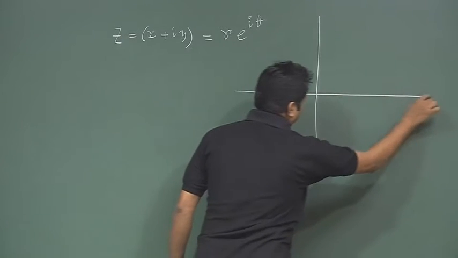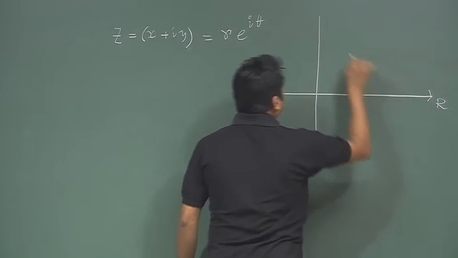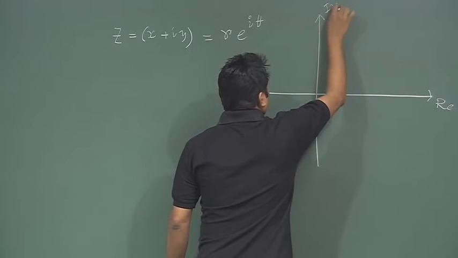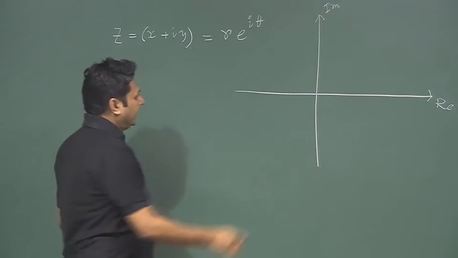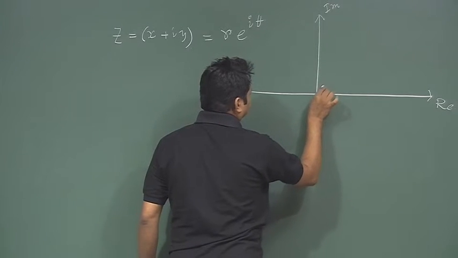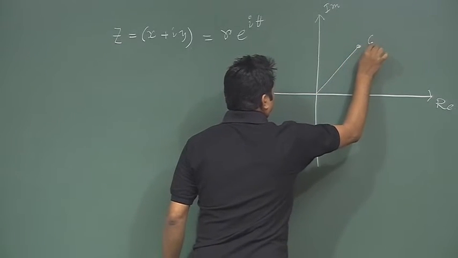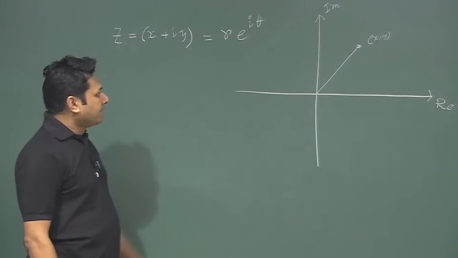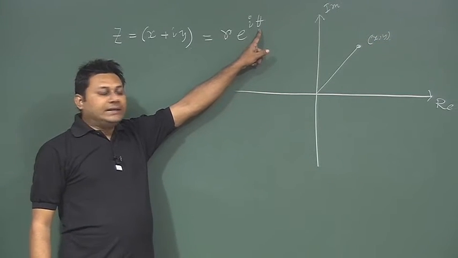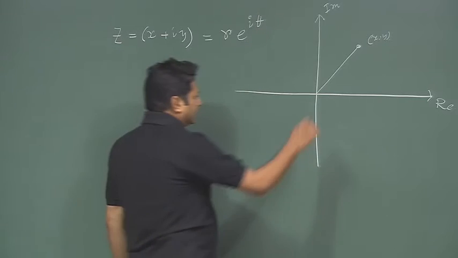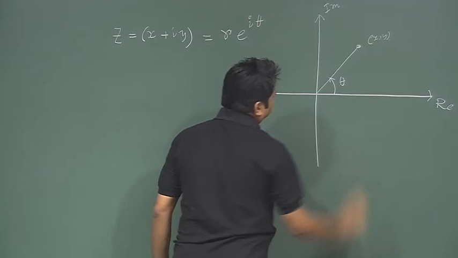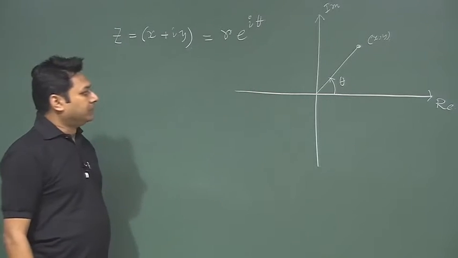This is my complex plane, real and imaginary axes, and I say the point is somewhere here, for example. This is my x and y. Fine. Now, what is the value of theta? Theta is this quantity, right? Still there is no problem.